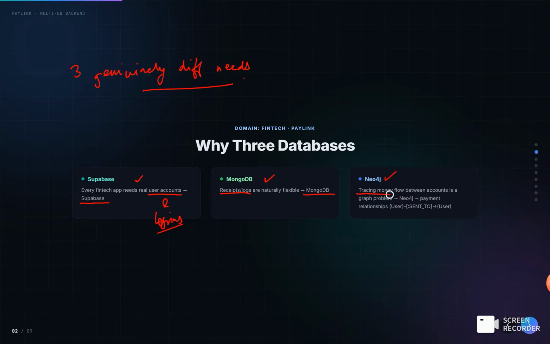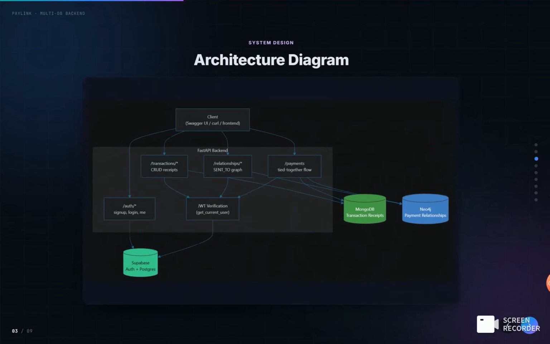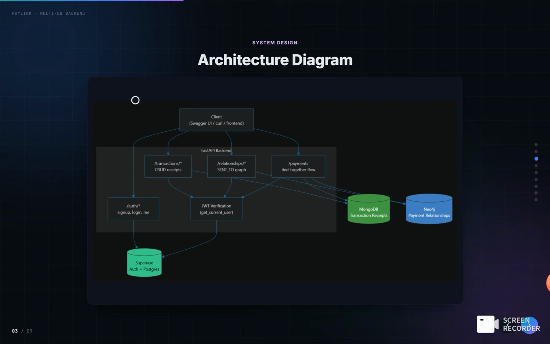And you need to trace relationships, that is your money moving between accounts. Who paid whom? Which is fundamentally a graph problem handled by Neo4j. So instead of forcing one database to awkwardly do everything, each one here is doing exactly what it's naturally best at.